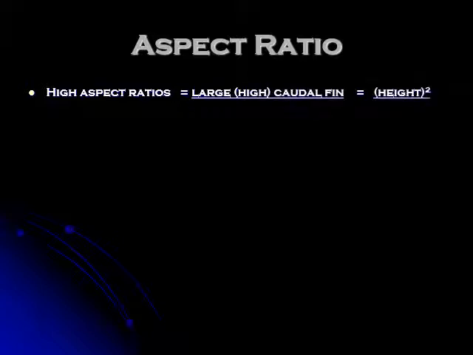So high aspect ratios, here's the formula. When you have a large caudal fin, or the large height over low surface area. So the larger your height, if you look at the formula, you're going to be increasing your aspect ratio. Also, if you decrease your surface area, which is found within the denominator, that's going to equate to a larger aspect ratio as well.